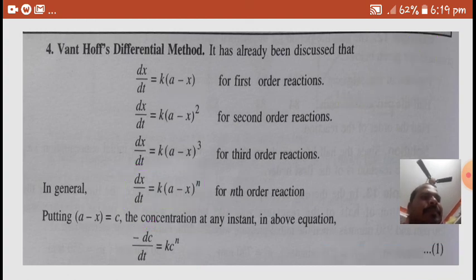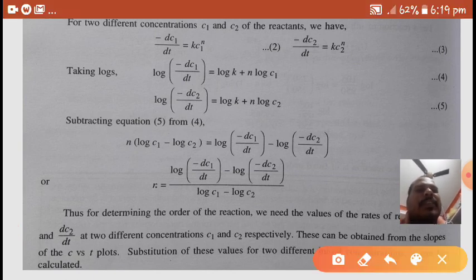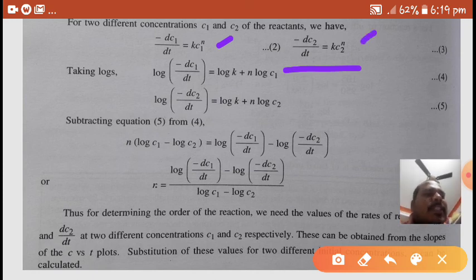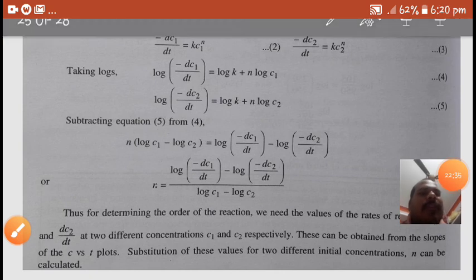Next, for two different concentration terms, C1 and C2, of the reactants, we have minus dC1 by dt is equal to k C1 to the power of n. For C2 concentration, minus dC2 by dt is equal to k C2 to the power of n.